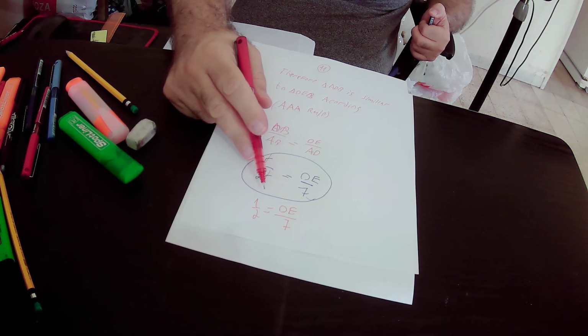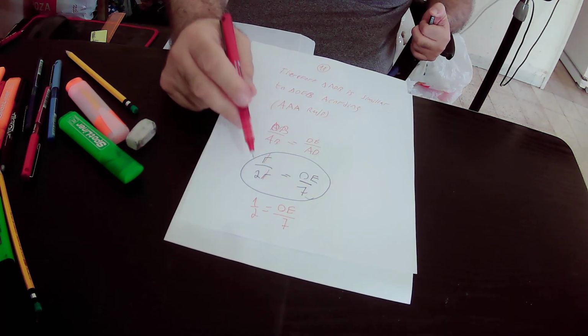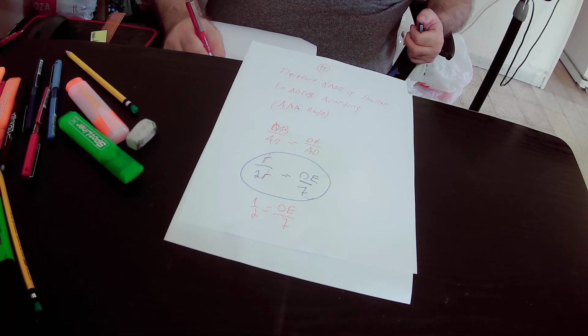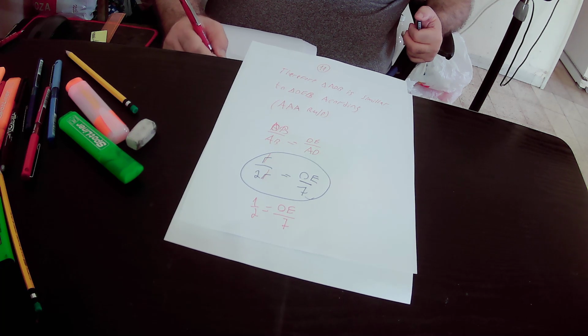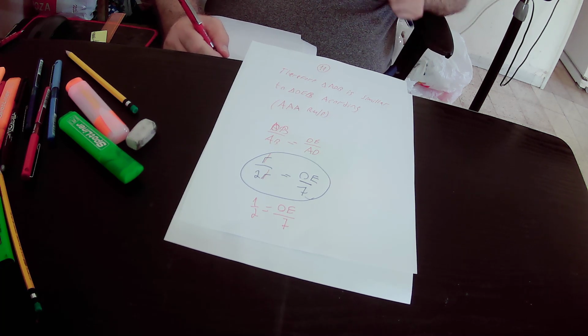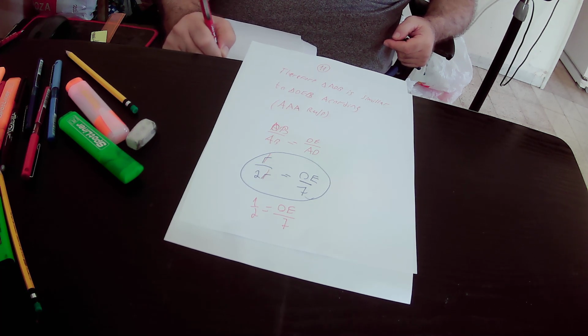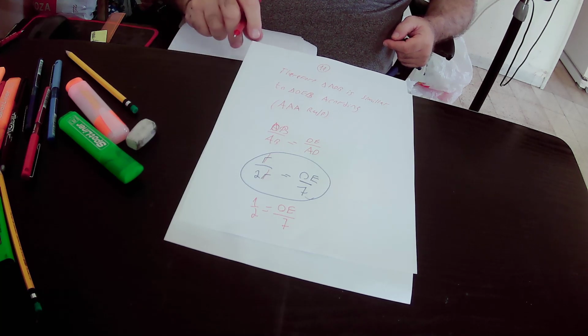Here we will multiply this equality by 7, and we will get that OE equals 7 over 2 units.